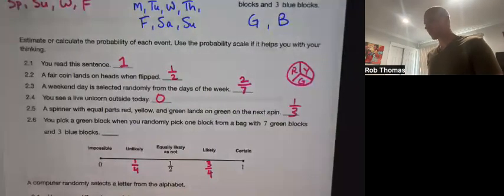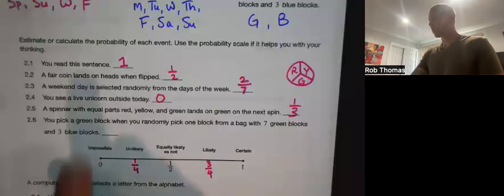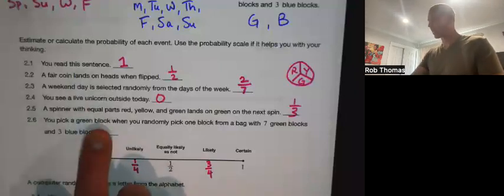And 2.6. You pick a green block when you randomly pick 1 block from a bag with 7 green blocks and 3 blue blocks. Okay, so green is 1 possible outcome out of the 2 possible outcomes.